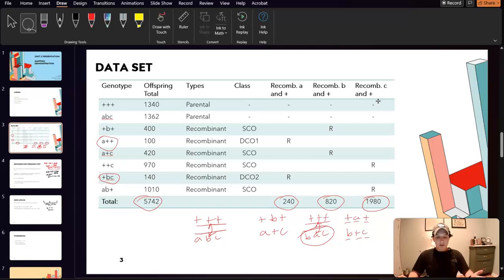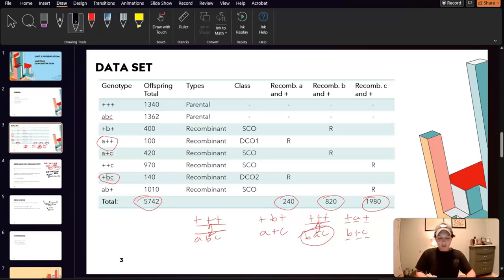So what we can do with this data, we can go ahead and try to find the order of the genes. So when we go to map the distances, we know what sequence they're in, right? So we have our double crossovers, A++ and +BC.